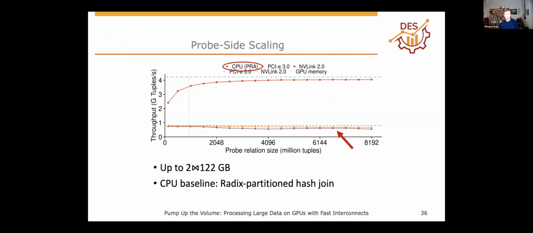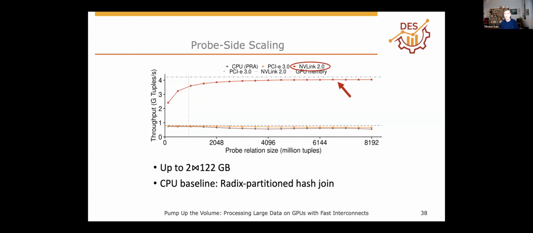So in this case we have a radix partitioned hash join as the CPU baseline, and then we have a PCI Express based version that just reads the data through the PCI Express, and it's limited by the PCI Express bandwidth.